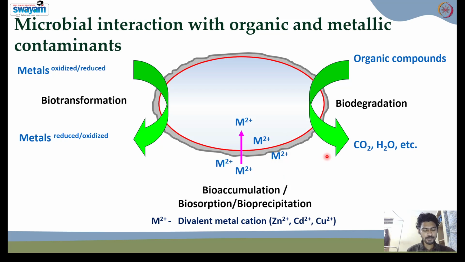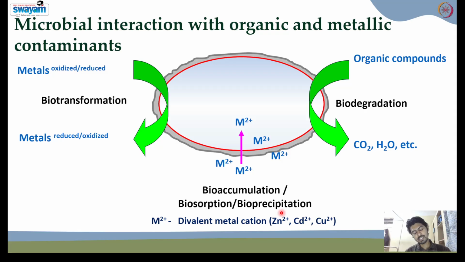It is like an adsorption mechanism, where the metal ions don't degrade, they just accumulate and adsorb onto the surface. Whereas in bioprecipitation, they tend to precipitate these metals so that separation can be easier.